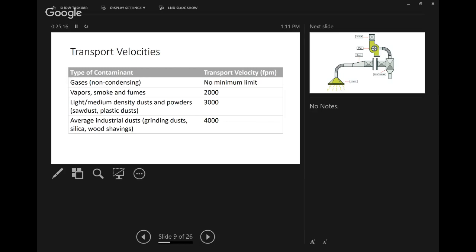Can you give an example of a gas that does that? Condensing? I don't know of one, but think of something where the boiling temperature is really, really, really low. Okay, so carbon monoxide. Carbon monoxide is not going to condense, maybe in Antarctica.